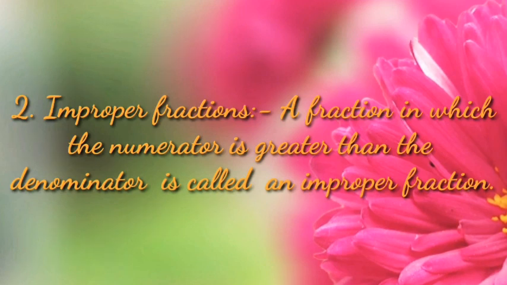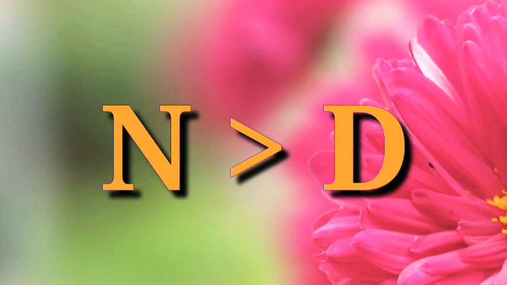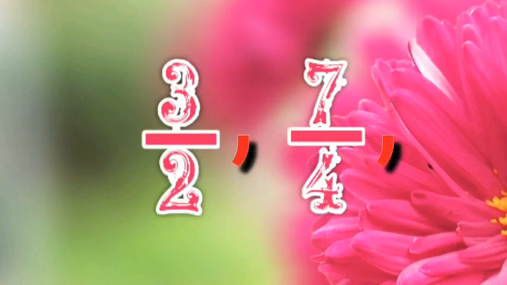As in a proper fraction, n is less than d, but here it will be the opposite. Here n will be greater than d. For example, 3 by 2, 7 by 4, as 3 is the numerator which is greater than the denominator 2.